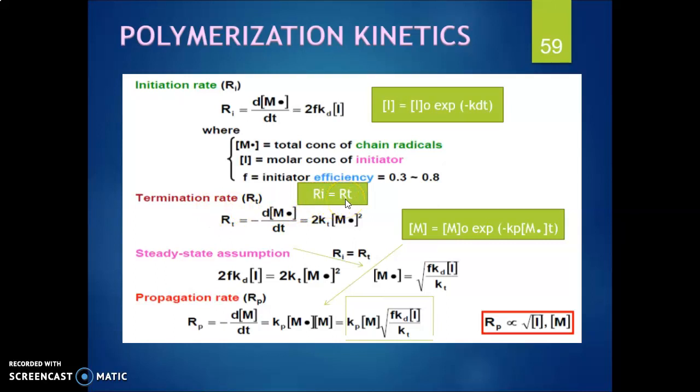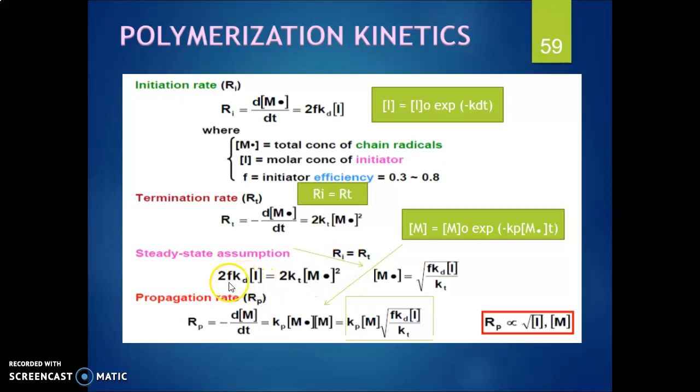So for the rate of termination, you can just take the value of the rate of initiation. Okay, the steady state assumption is given by rate of initiation equal to rate of termination.